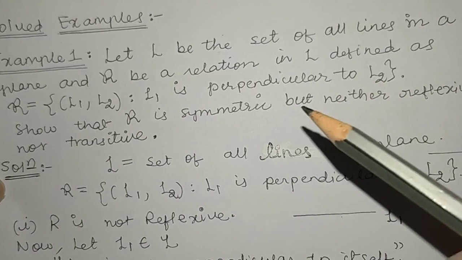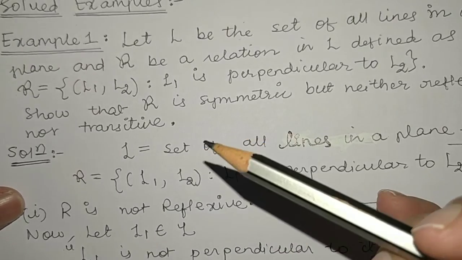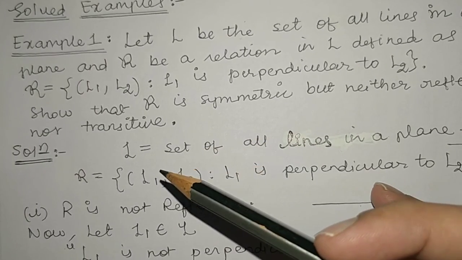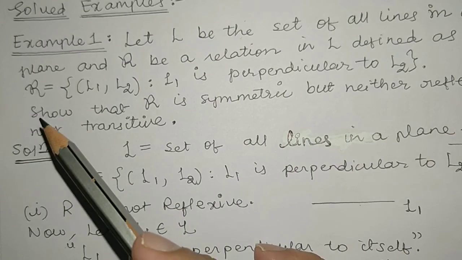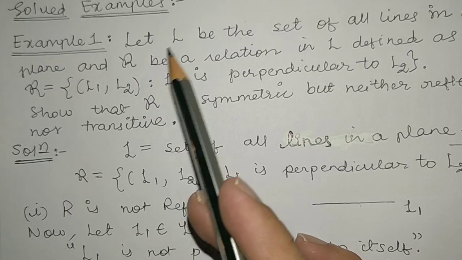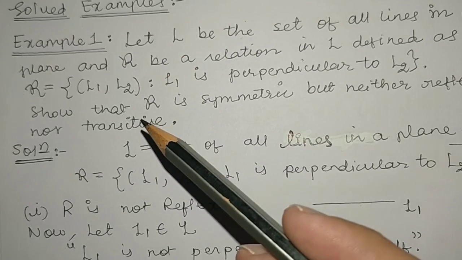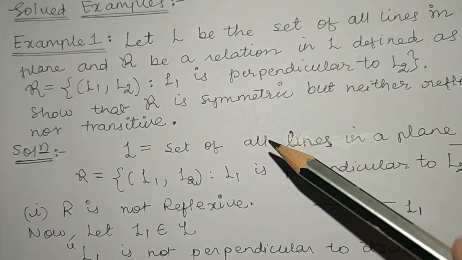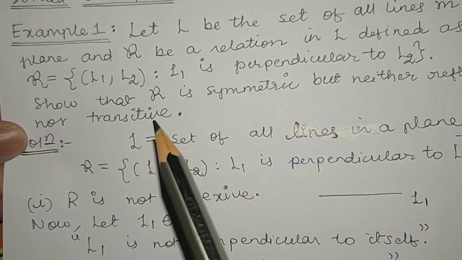Show that R is a symmetric relation but neither reflexive nor transitive. So you are given a set L and a relation R in the set L. You have to prove that R is symmetric but neither reflexive nor transitive.